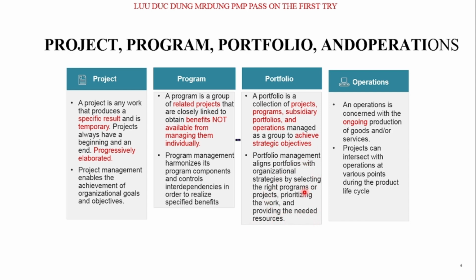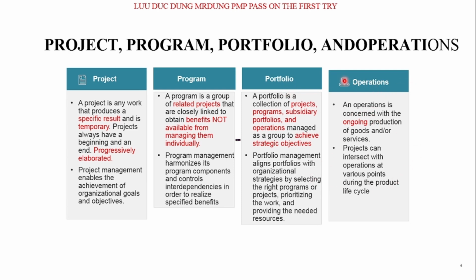To achieve the strategy of the organization, we have to prioritize, select correctly the project or program to implement, and prioritize the work to achieve the company KPI or strategic objective also in portfolio management.